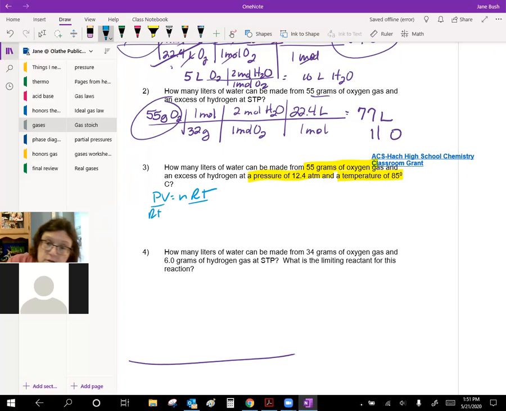Let's start this again. We're still going to use PV equals nRT. But we need a volume. Okay. I'll show you why. So volume is the piece we're missing from oxygen.